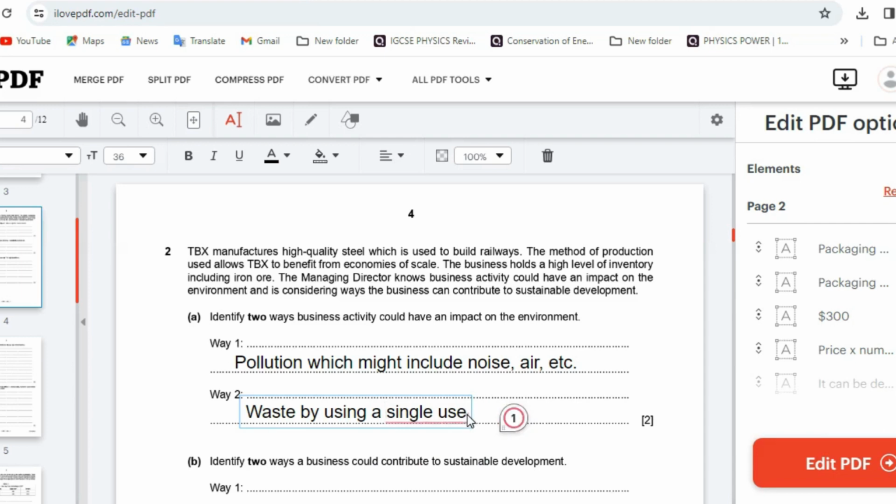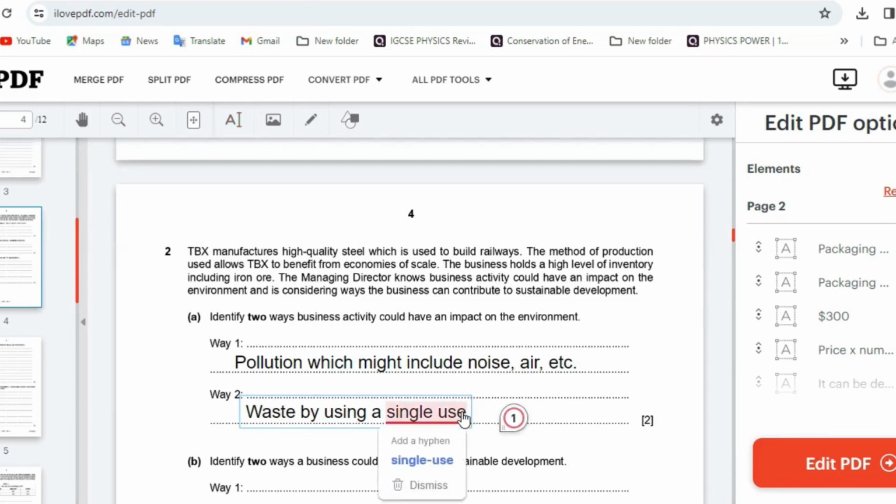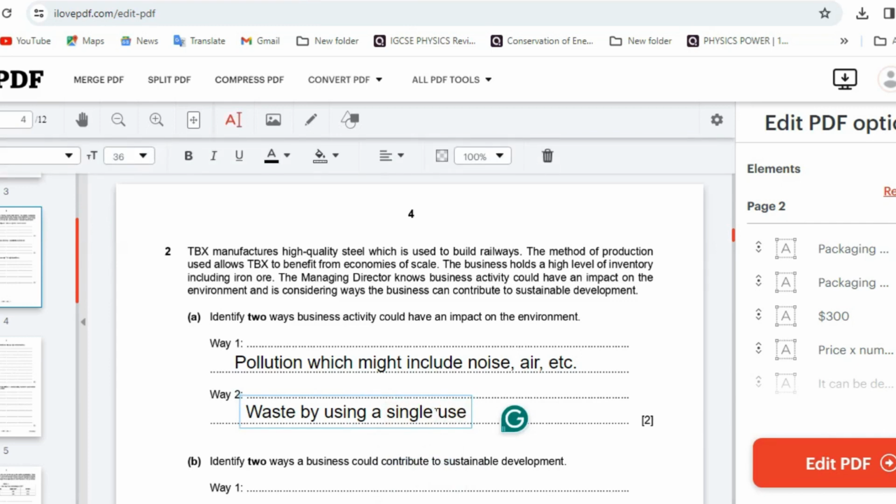Let's put it in the correction. Single-use material. Yes, that is the business using non-renewable or non-recyclable materials, wasting by using single-use material.